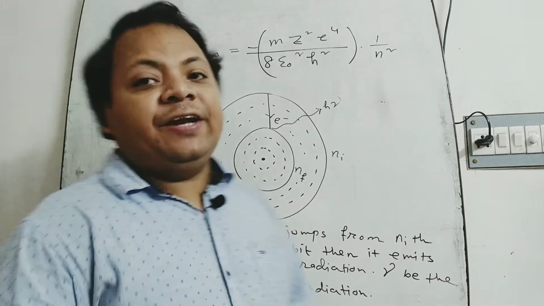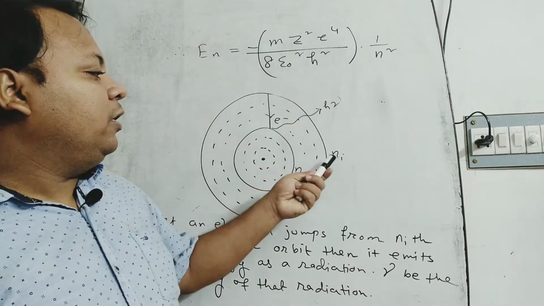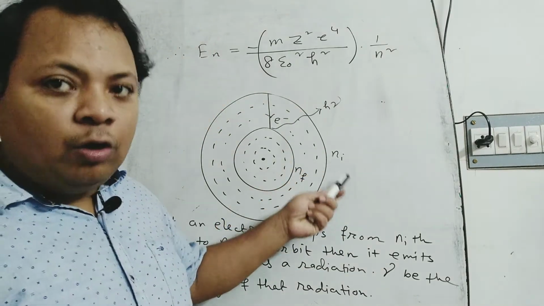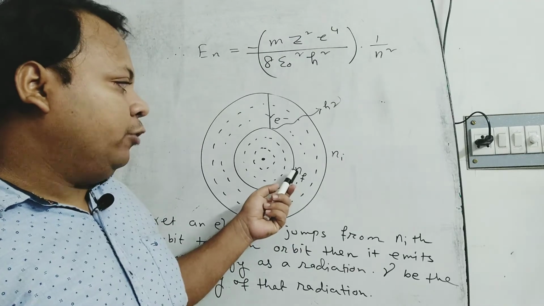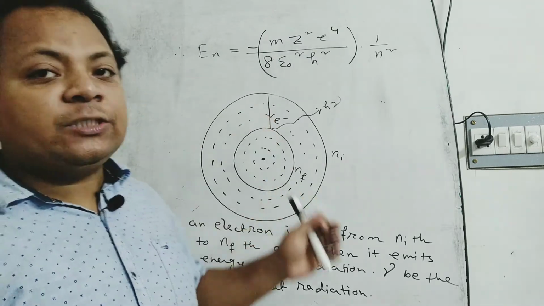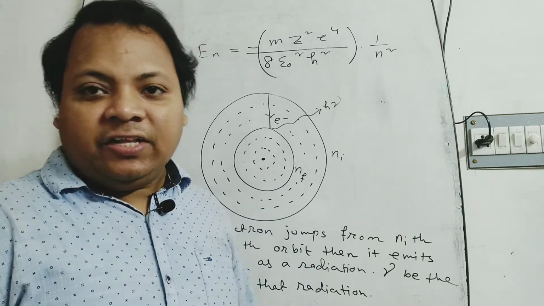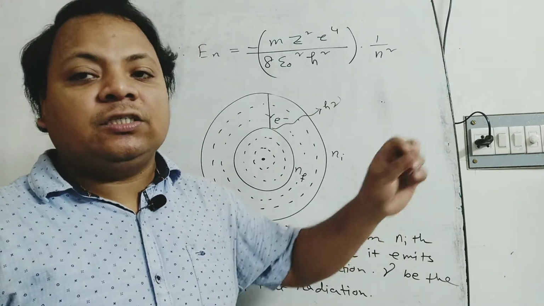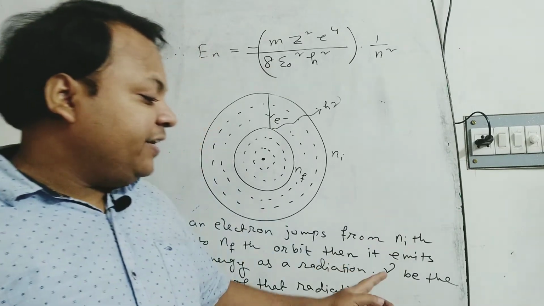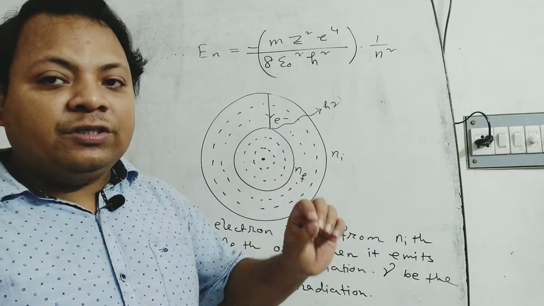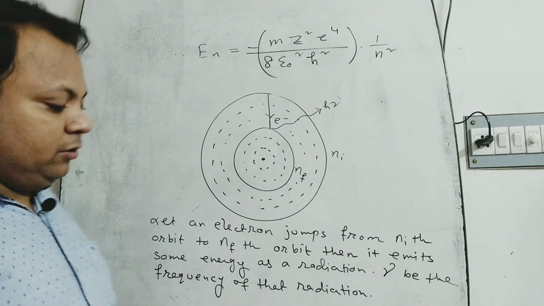Now when an electron jumps from the ni orbit to the nf orbit, that is, from a higher energy level to a lower energy level, the electron radiates some energy. Let nu be the frequency of that radiation.